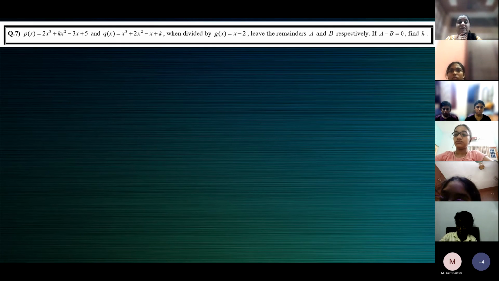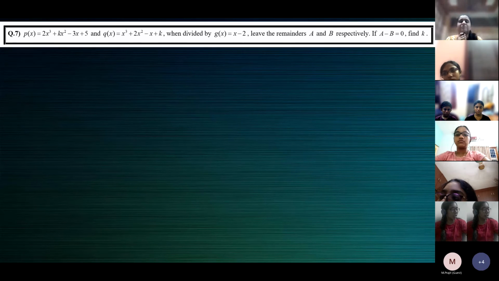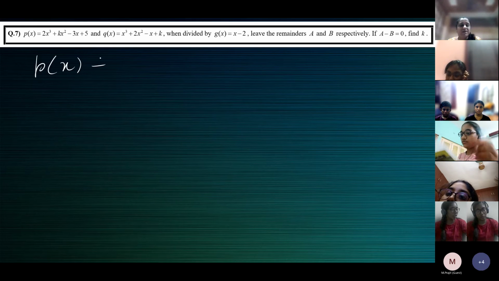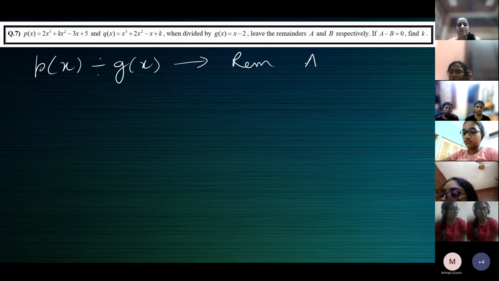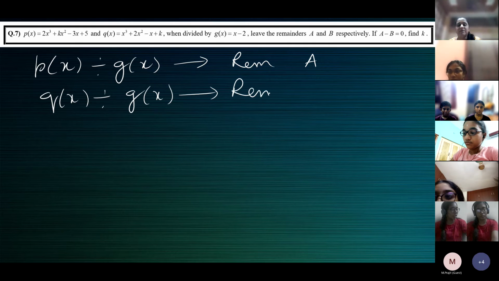When P of x is divided by G of x, the remainder is A. When Q of x is divided by G of x, the remainder is B.